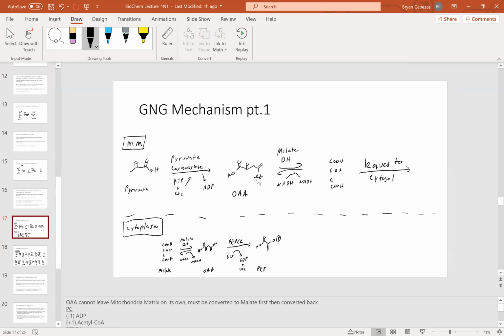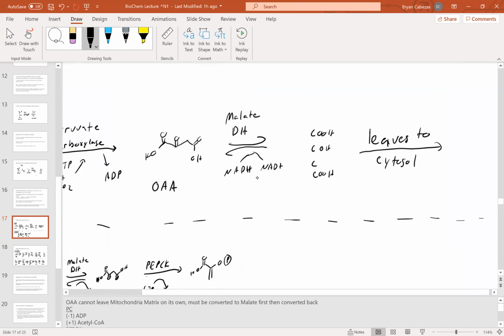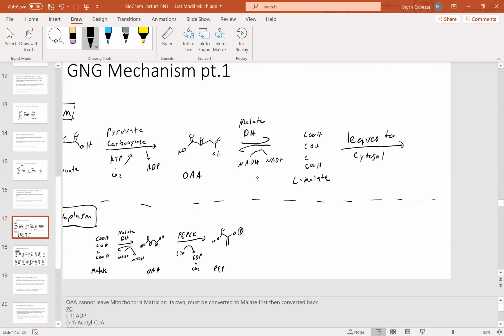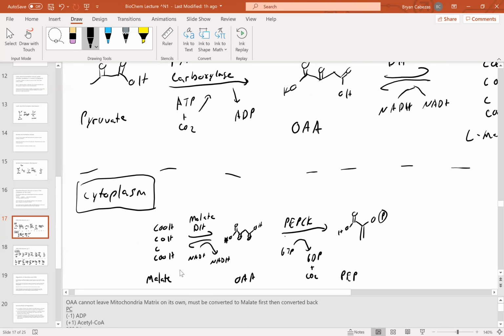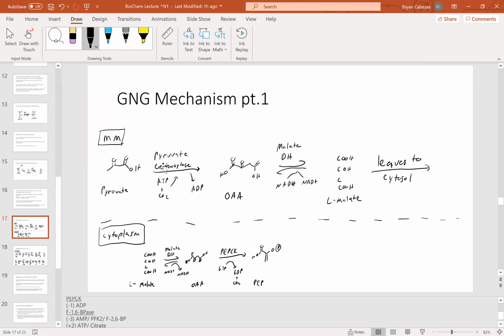Oh, I don't think I have it labeled over here. L-malate, my bad, guys. But I think I have it labeled down here, right? Yes, perfect. Malate. Just put the L there. Another blunder. Okay, let's save that.